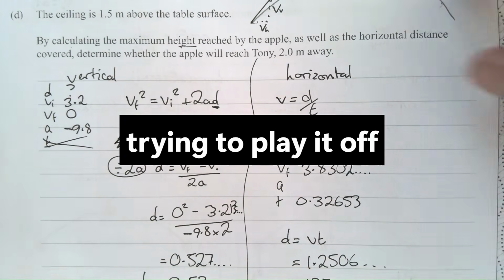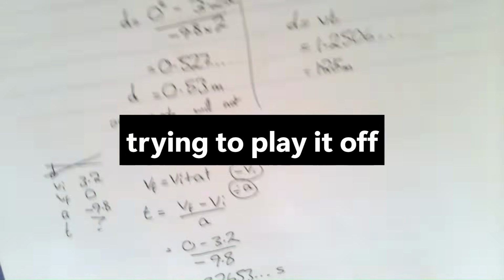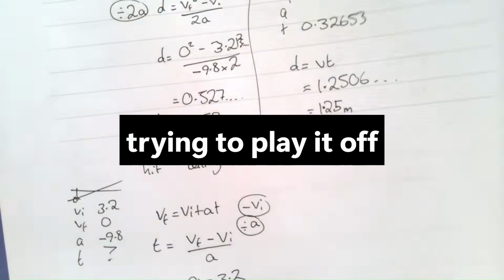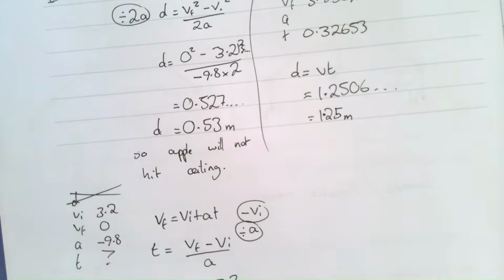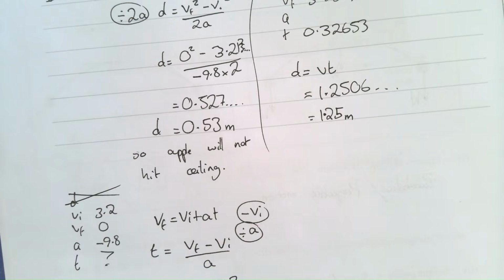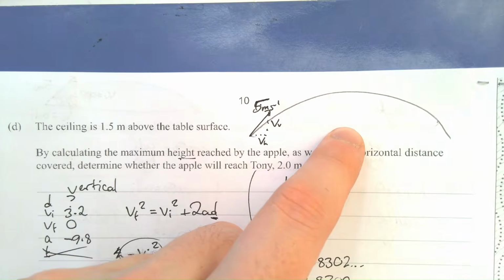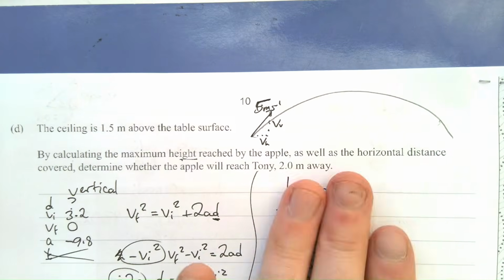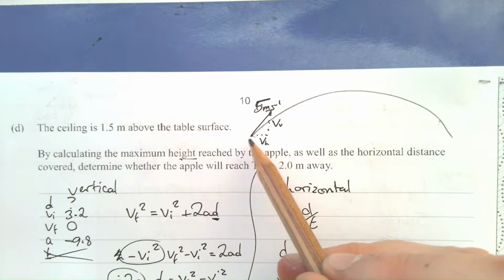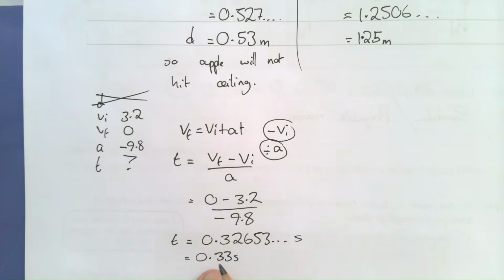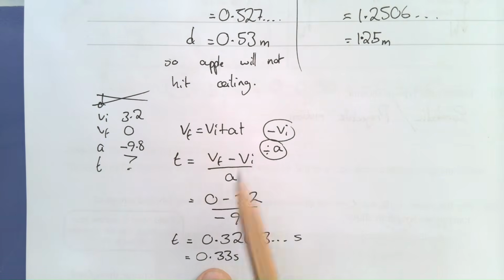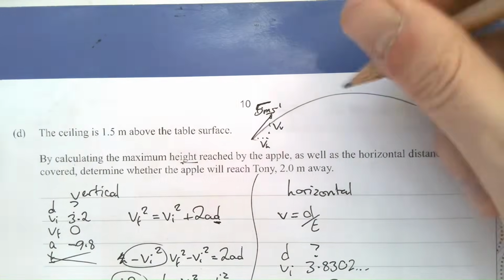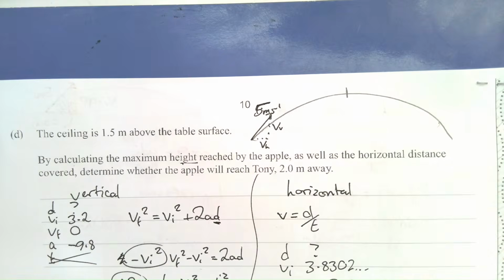Oh, this is a really instructive point for you guys. My mistake, sorry. We've worked out the time for it to get to the top of its journey. Sorry, I've completely skipped ahead. I'm going to cut this back. Sorry, ignore this. If you're seeing this now, this time that we've calculated here is for it to get to a final vertical velocity of 0, which occurs here at halfway.